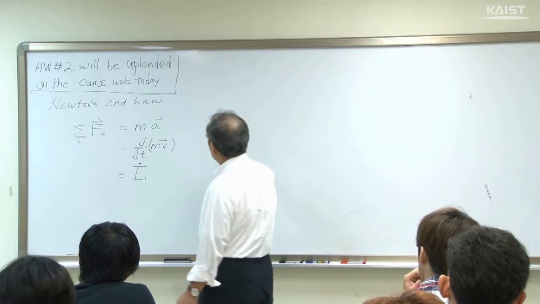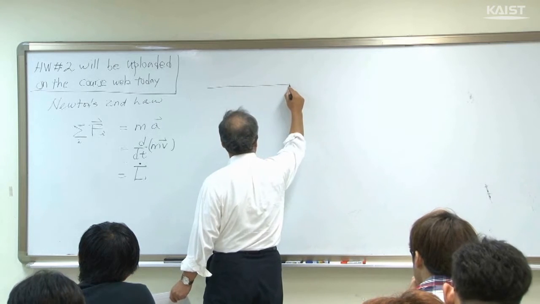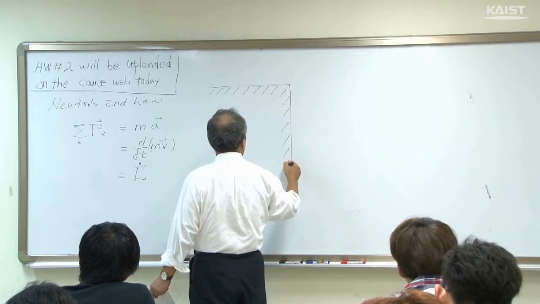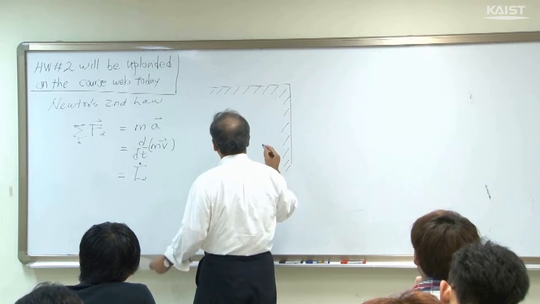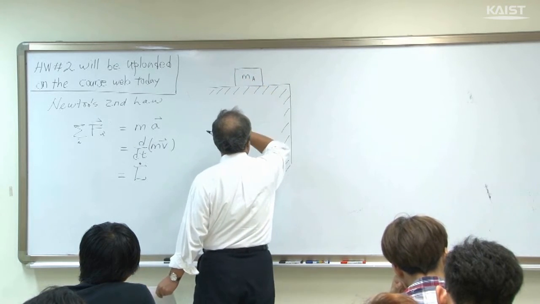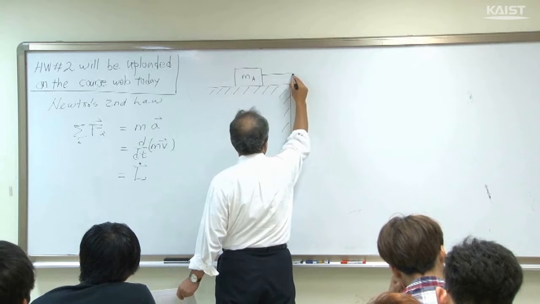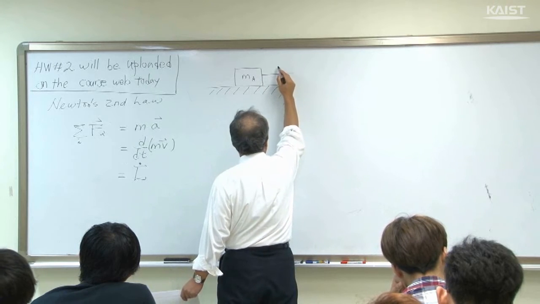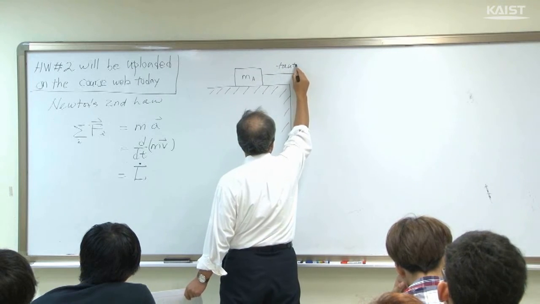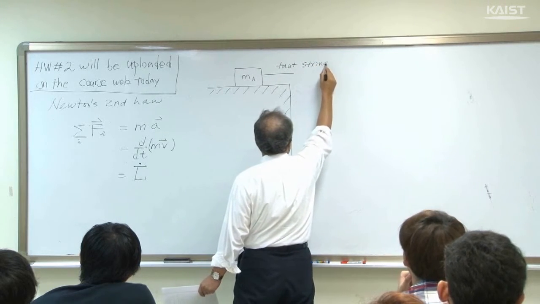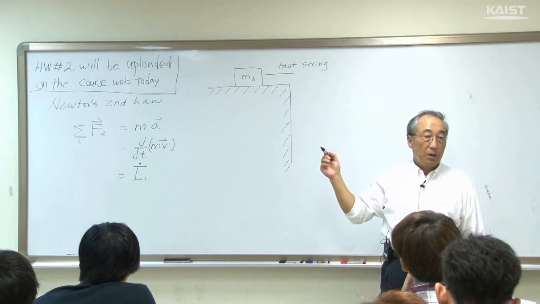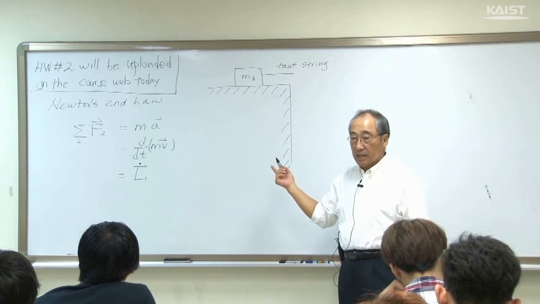The first example: there is a frictionless table. There is a mass which I call MA, and it is pulled by a taut string, which means that the string is not extensible, and massless.